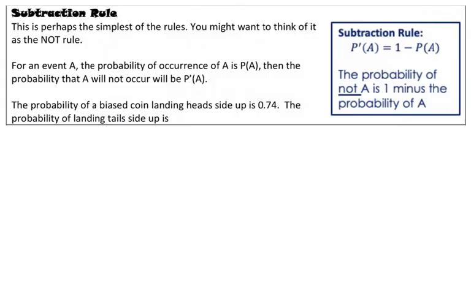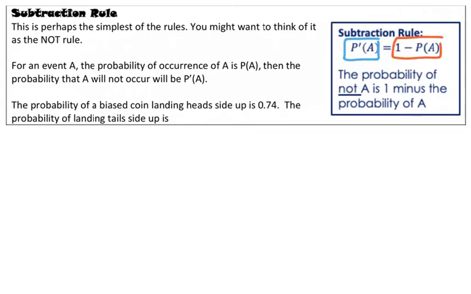Let's do some more. Alright, so here's the subtraction rule. This may be new, so this notation right here may be a little new for you. When you see that P apostrophe, that means not happening. It's so weird. Okay, so the formula is going to be 1 minus the probability that it does happen.